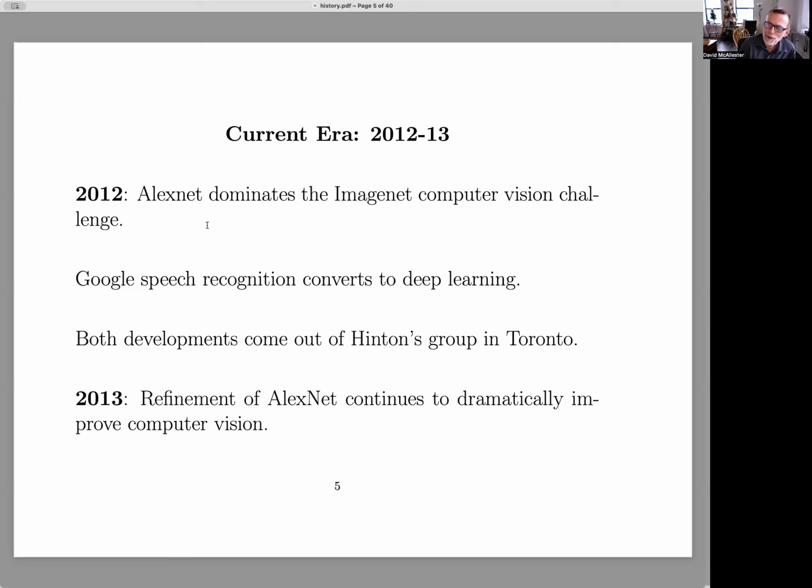About the same time, 2012, Google speech recognition as done in Google applications converted to deep networks, to deep learning. And both of these groups, AlexNet and the speech recognition, came out of Jeff Hinton's lab in Toronto. In the next few years, progress on image classification was dramatically fast. There was dramatic, quick progress in image recognition.